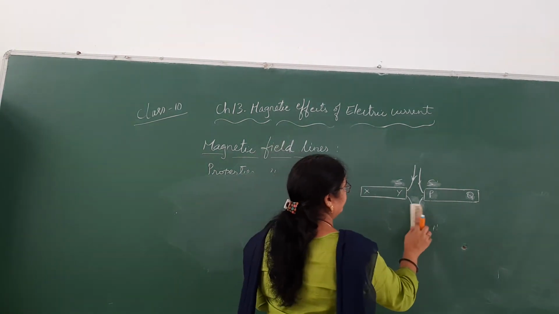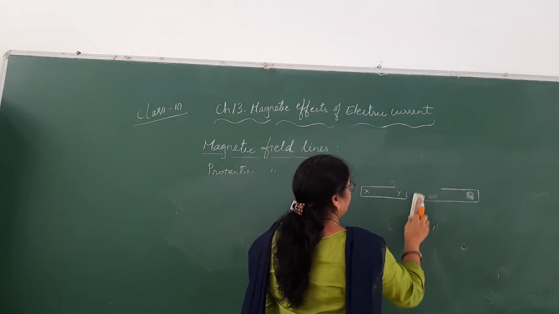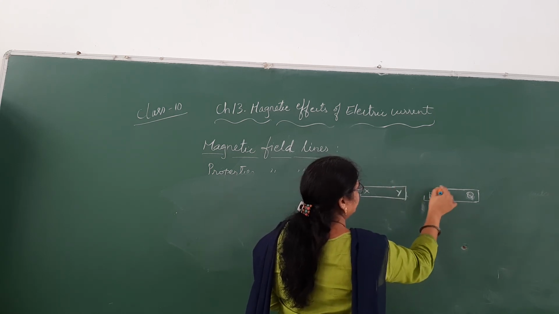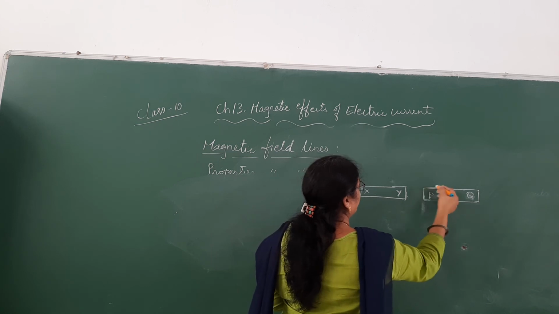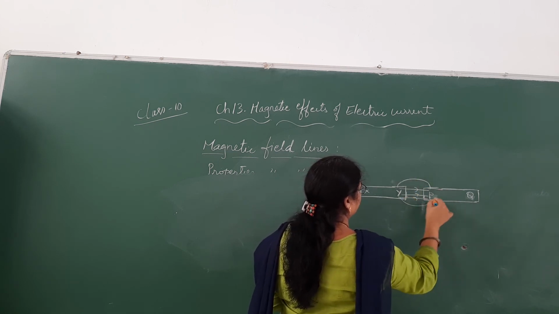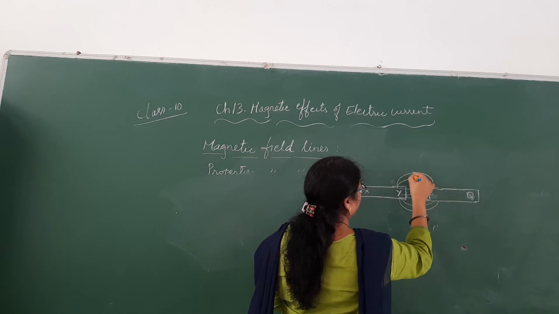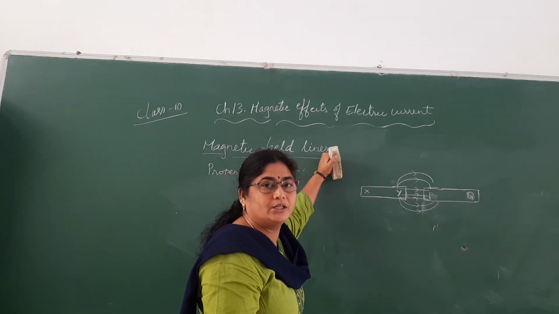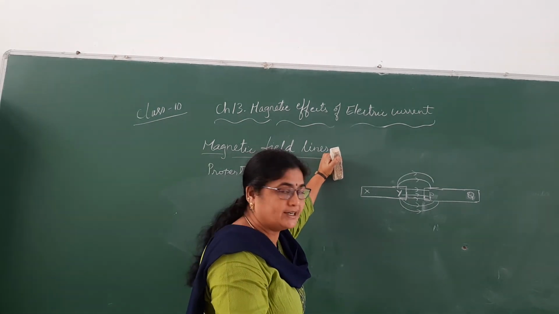On the other hand, I have a figure like this, Y and P, and the field lines are this way. Then what kind of poles do those two letters represent?